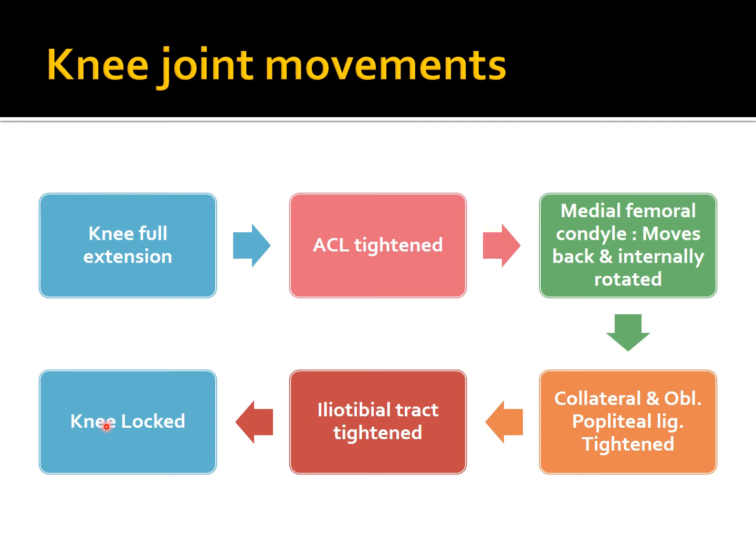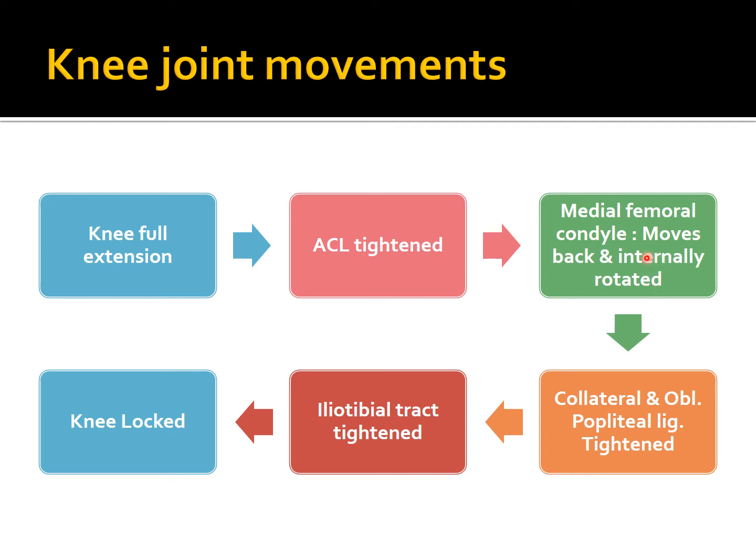This provides stability to the knee joint and helps the person to stand. Now, how does this locking take place? During full extension of the knee, the anterior cruciate ligament gets tightened up. As it tightens, it forms an axis around which the medial femoral condyle moves back and is internally rotated.